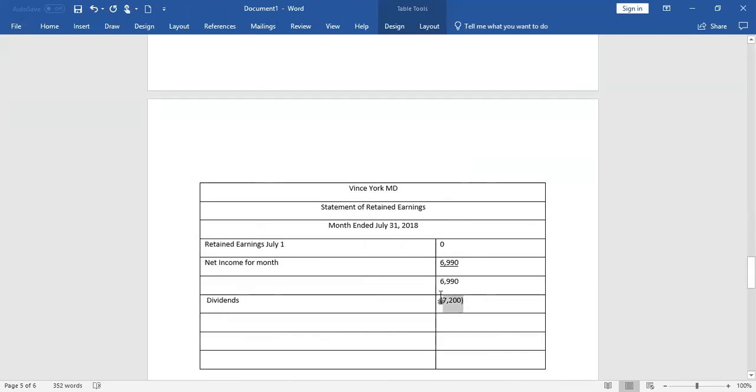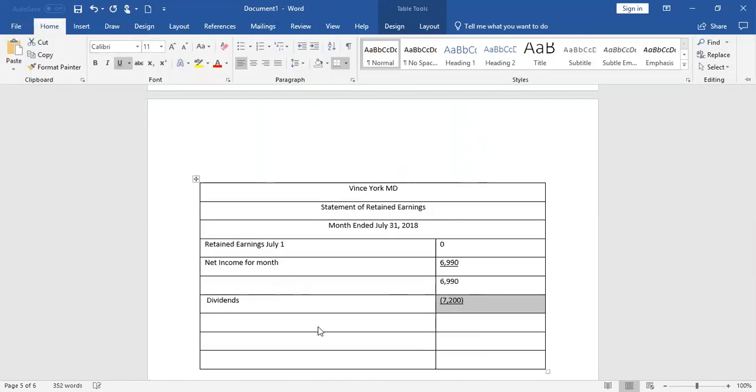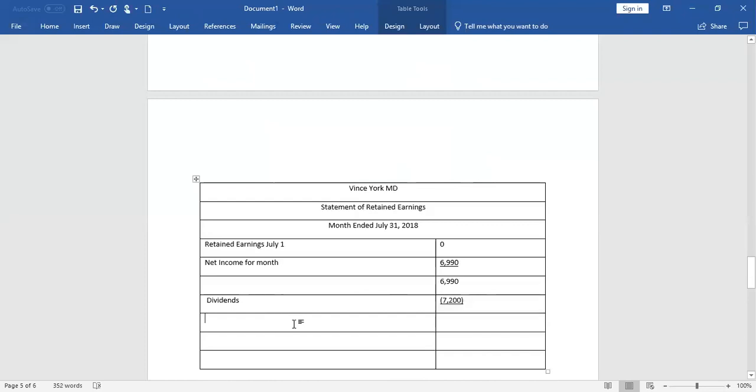Now, this isn't normal. It's not really normal for a company to pay out more in profits than it makes. But in a theory world, sometimes that happens. So what we'll do is we'll put retained earnings, July 31st, and it will actually be a negative $210.